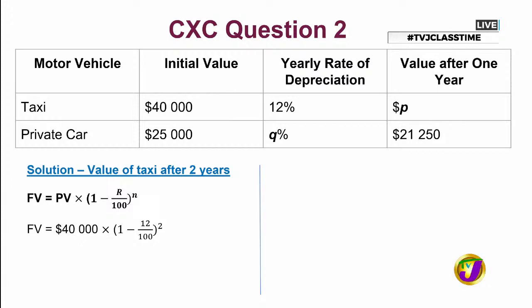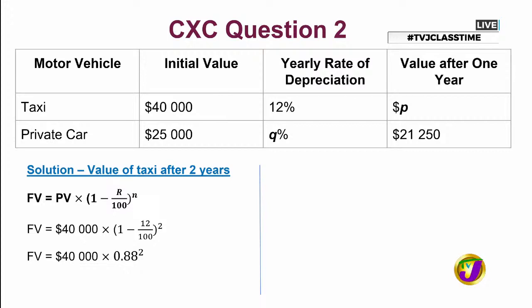We're still using our 12% as the rate of depreciation per year, and of course, the initial value or the present value is still $40,000.